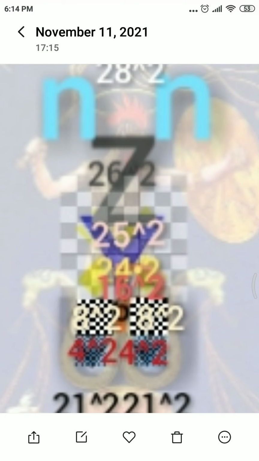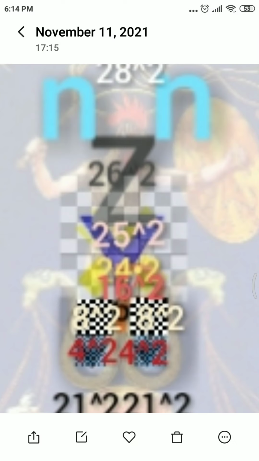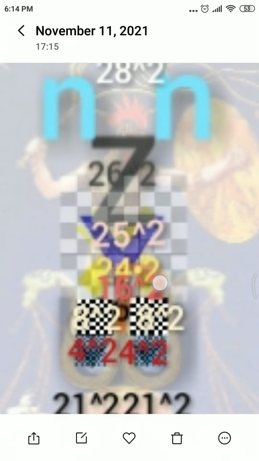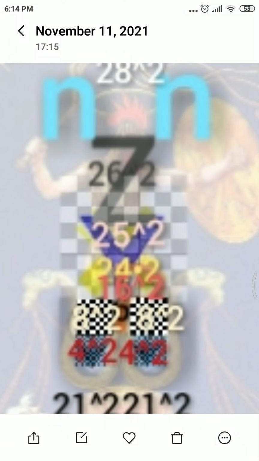This P supplies energy to this 8 squared and this 8 squared, right? 16 squared is nothing but 256, which is basically 4 suns, 4 of 64s. So this P supplies energy to 8 squared and 8 squared.